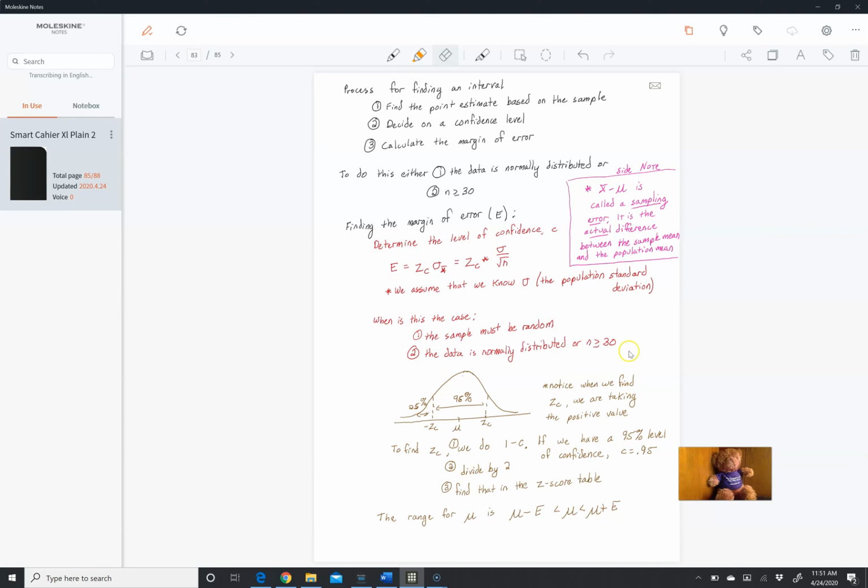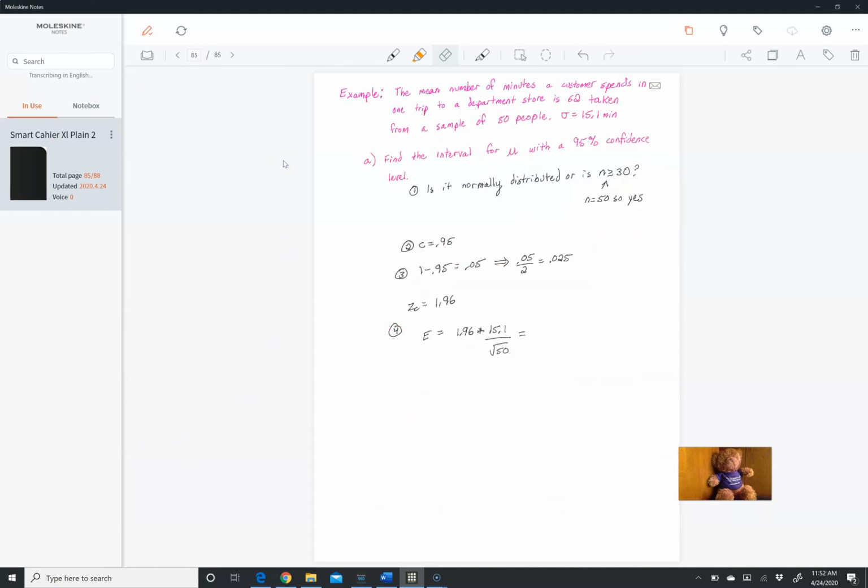I wrote mu minus E and mu plus E, but it's really not mu, it's really x bar, because if we know mu, then we don't need to do this. Sorry, I just wanted to put that in there. So what is 1.96 times 15.1 over the square root of 50? It's 4.19.